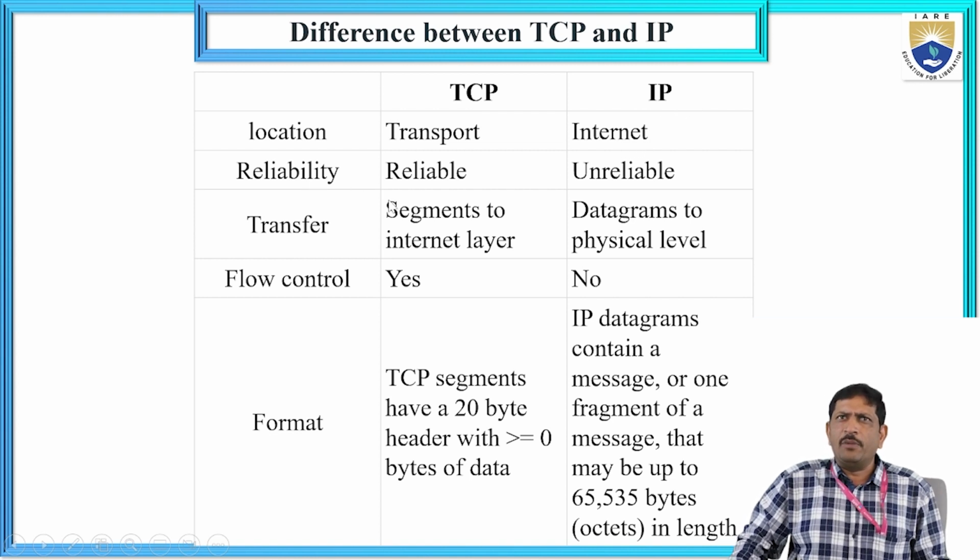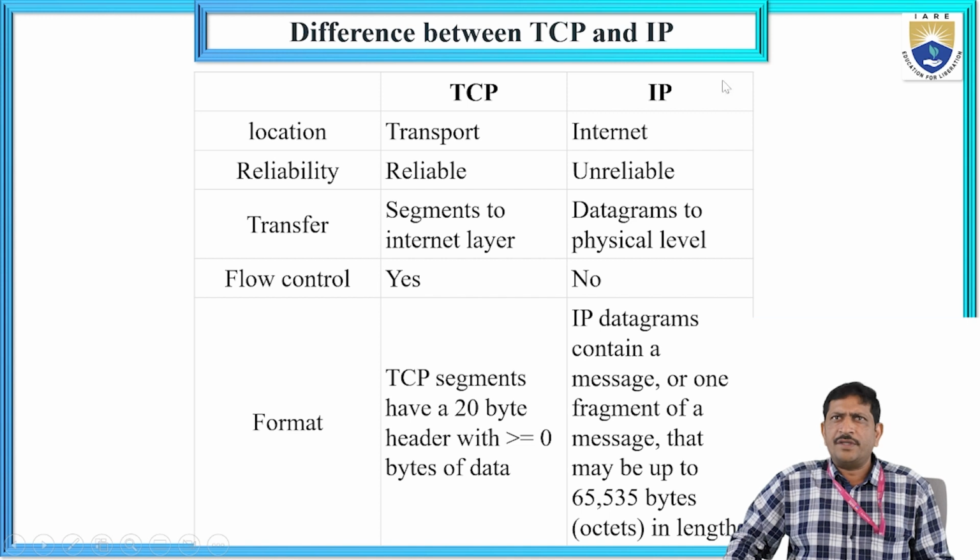In terms of reliability, TCP protocols are reliable and IP protocols are unreliable. In terms of transfer, TCP transfers segments to the internet layer, and IP transfers datagrams to the physical layer.